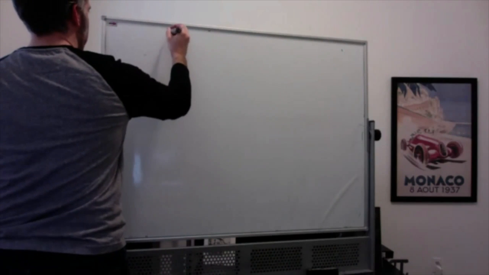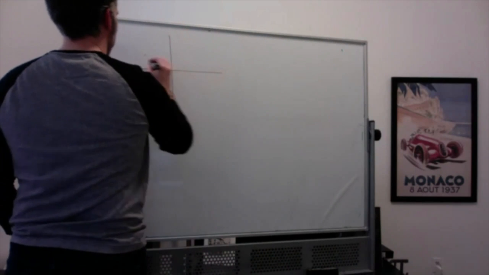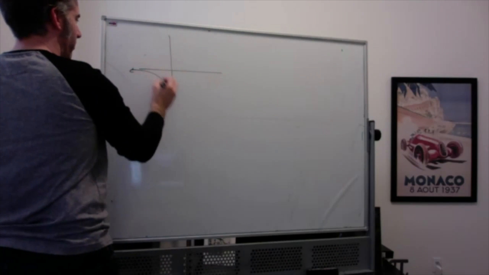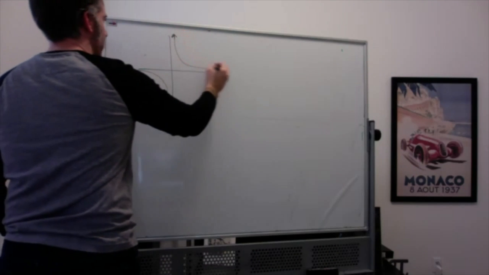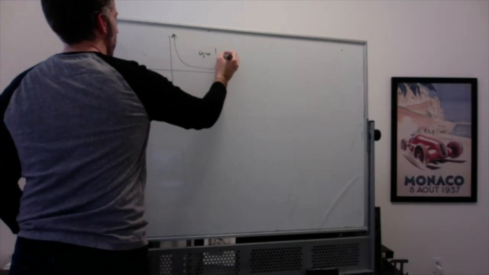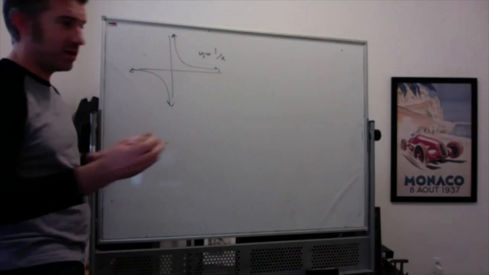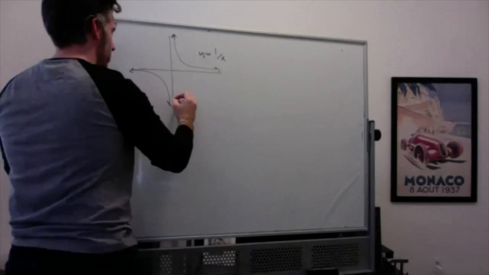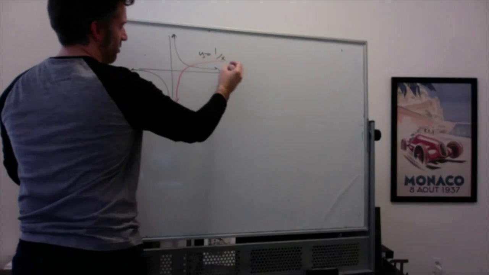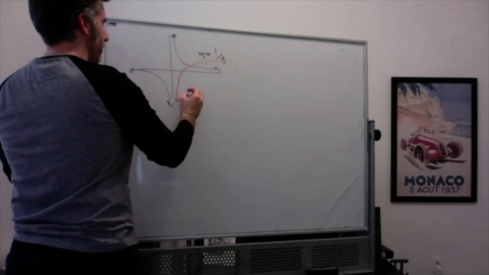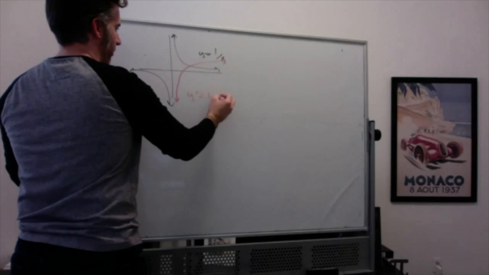So it's actually kind of interesting. Here's 1 over x. There's the graph of 1 over x. And we know that at least over here, the derivative is the natural log of x.